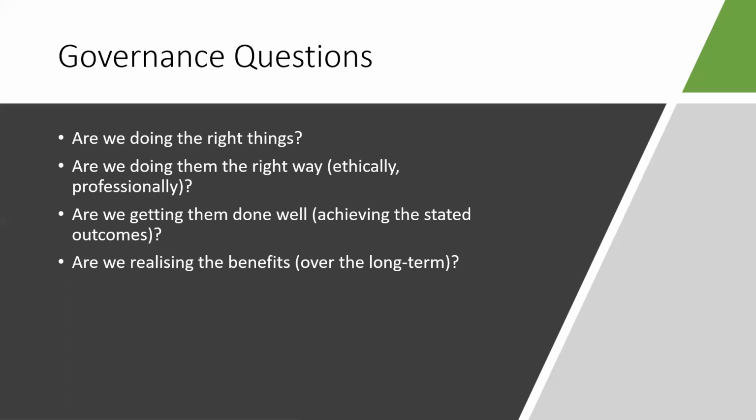So we're looking to achieve sustainable outcomes for our businesses, for our organizations. Sustainable, ethical outcomes. And that is the responsibility of the board and governance to lead in achieving.